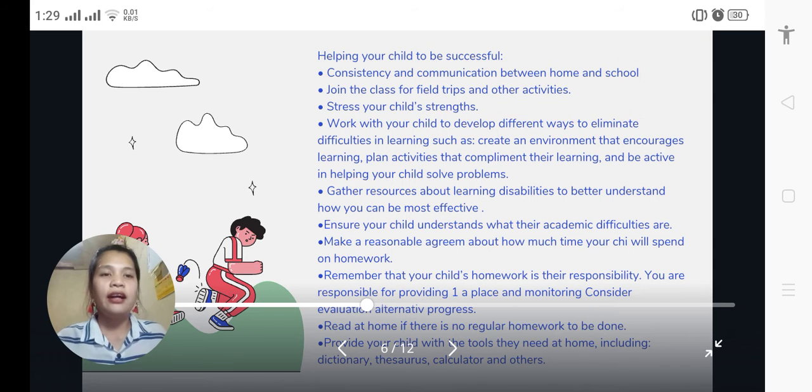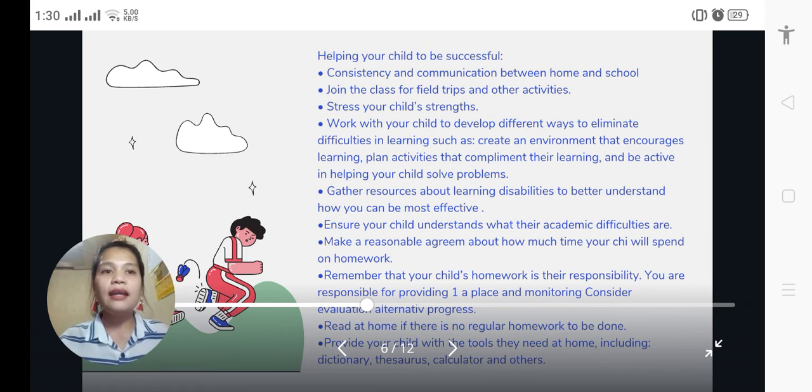Another one, gather resources about learning disabilities to better understand how you can be most effective. So understanding the difficulties is very important. Next, ensure your child understands what their academic difficulties are, so that you can focus and think of different strategies on how to deal with them.